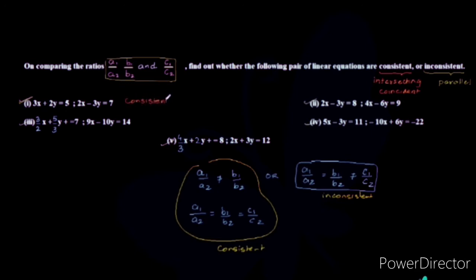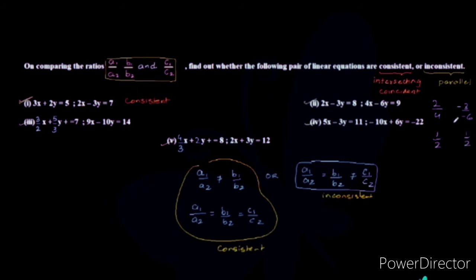What about the second one? The second one we have is 2x minus 3y. I think you can see the equation very clearly. Let me quickly go ahead with the ratios. a1 upon a2 is 2 by 4, b1 upon b2 is negative 3 upon negative 6, and c1 upon c2 is 8 by 9. Let's reduce the ratios. That will become half, and this will also become half, and you have 8 upon 9.